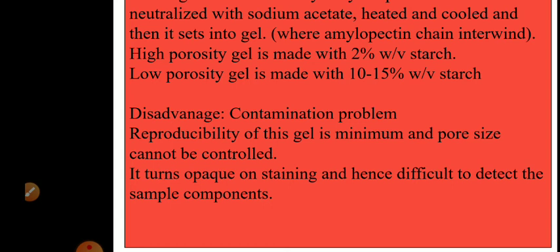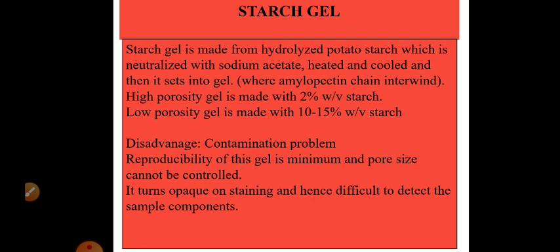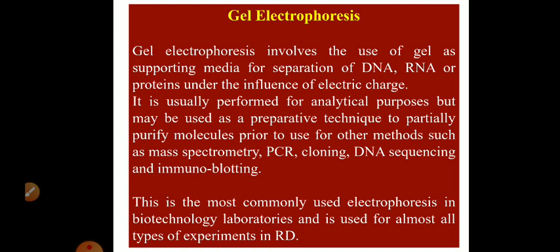And when you stain the gel to visualize the separated components of the sample, the gel turns opaque, and hence detection of sample components becomes difficult. So it becomes opaque. That is one disadvantage. Contamination by microbial growth is another problem, and reproducibility is a problem because we cannot control the pore size.